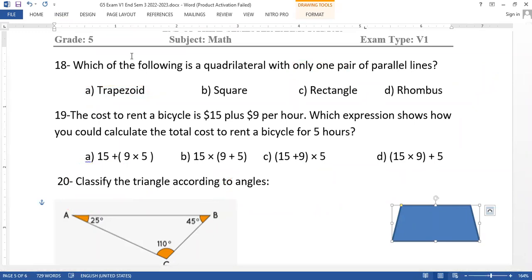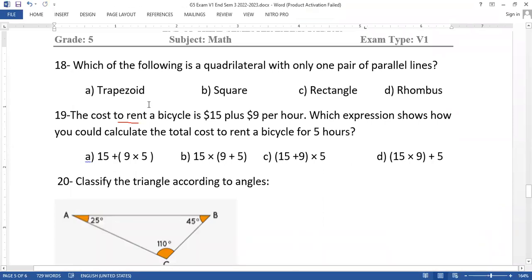Number 19, the cost to rent a bicycle is 15 plus 9 per hour. So first of all, you need to pay 15, plus 9 each hour. Which expression shows how you could calculate the total cost to rent a bicycle for 5 hours?